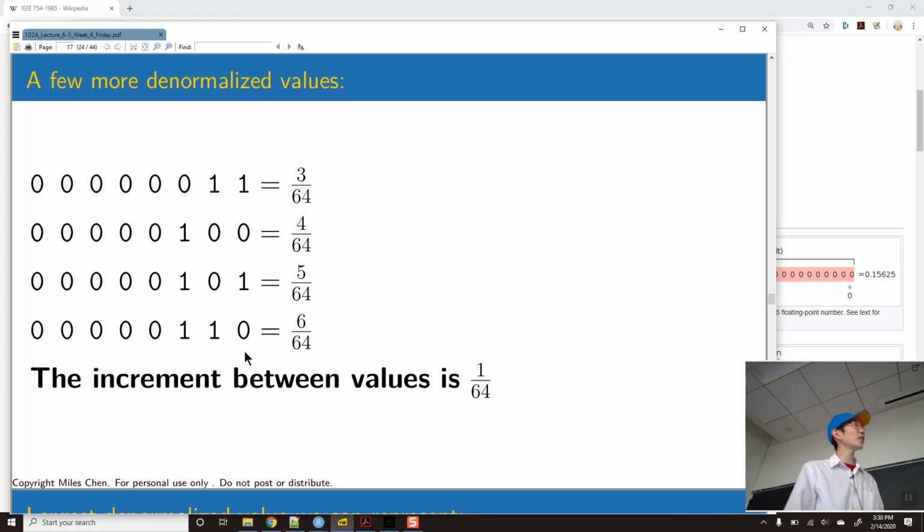What would be the largest denormalized value I can represent? I have 4 bits for the mantissa. Denormalized means my exponent bits are 0, 0, 0, and I've got 4 mantissa bits.